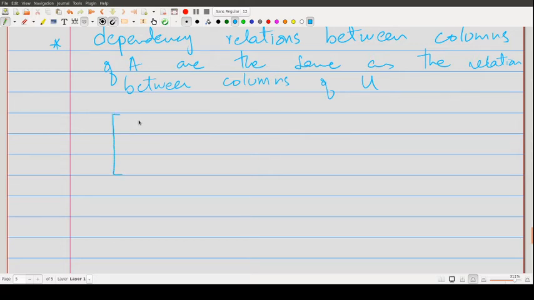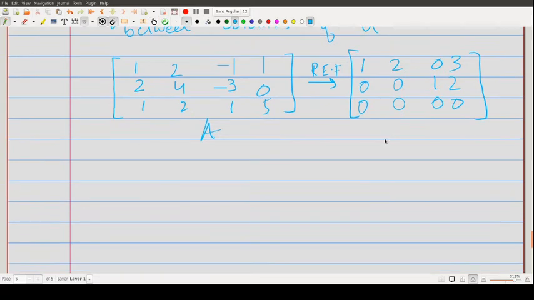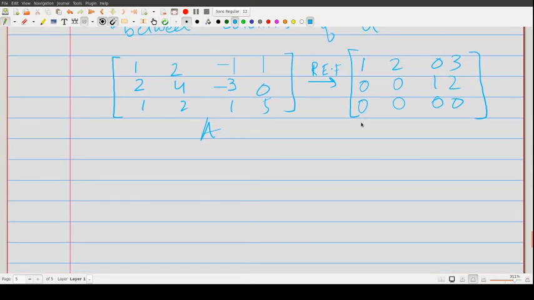Let's write the matrices down again. This is matrix A: 1, 2, 1, 2, 4, 2, minus 1, 3, 1, 1, 0, 5. Matrix U is of course just the row echelon form of matrix A: 1, 2, 0, 3, 0, 0, 1, 2, and 0, 0, 0, 0. Notice that now I'm not looking at the rows, I'm looking at the columns.